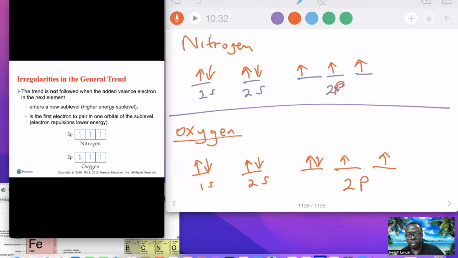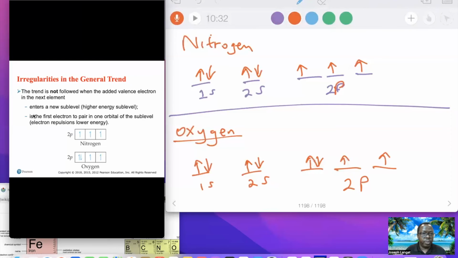And if we were to talk about the ionization energy, if electrons are repelling one another and we want to remove an electron, it makes sense that it will be much easier to remove that electron in a paired system.